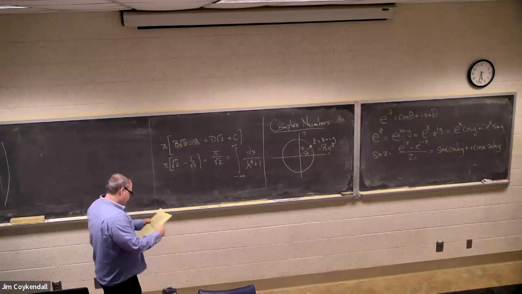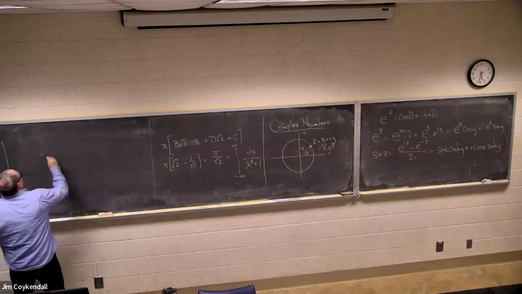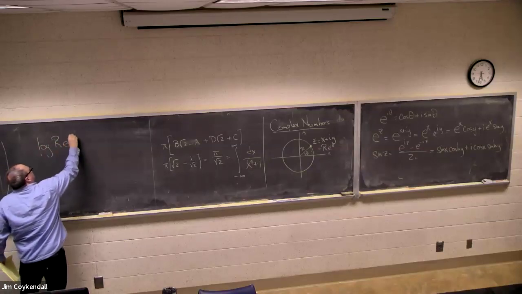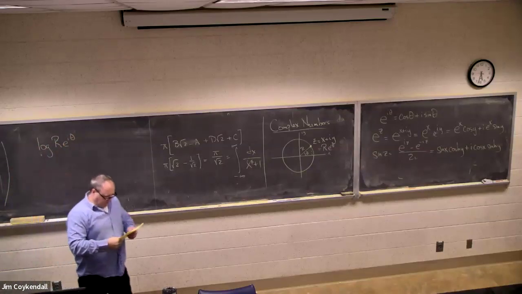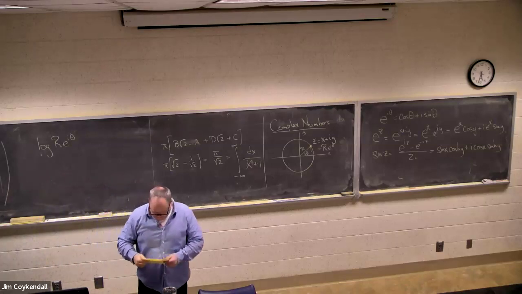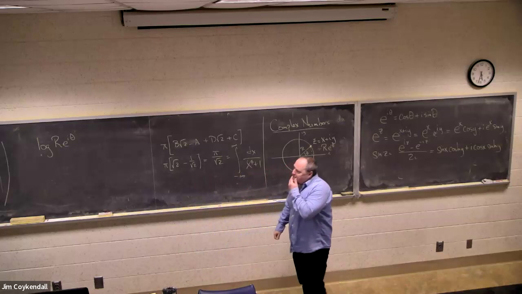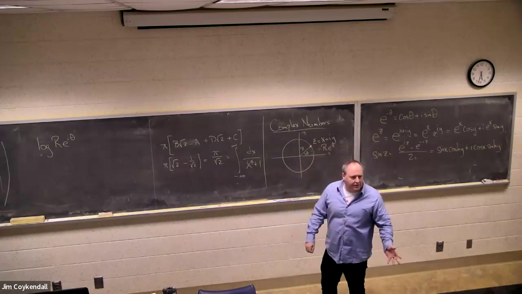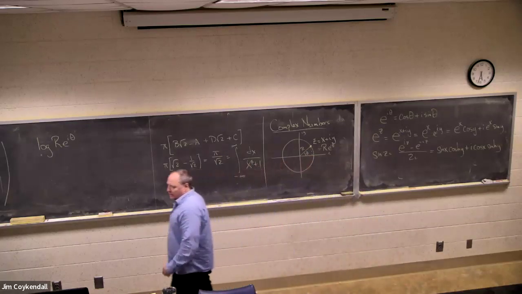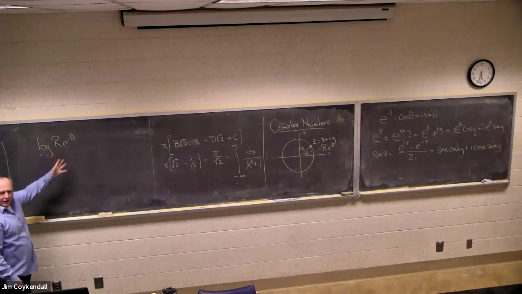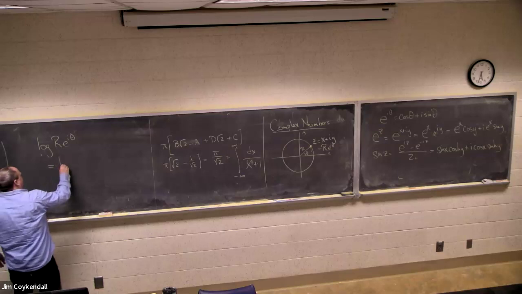Well, if I take the log, let me just do something very naive. If I take the log of re^(iθ), you would want this to have the properties of log that you would want.